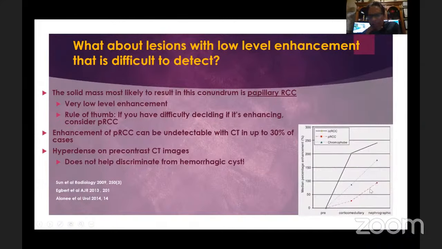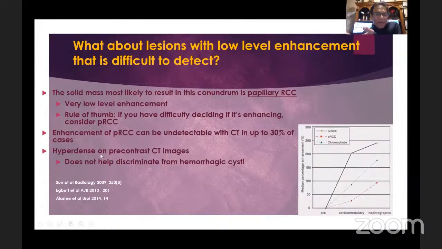The papillary type shows very low enhancement with IV contrast compared with the other two tumors. The rule of thumb is if you have difficulty deciding whether it is enhancing or not, consider it to be a papillary renal cell carcinoma, because in up to 30% of patients with CT, this enhancement is undetectable.